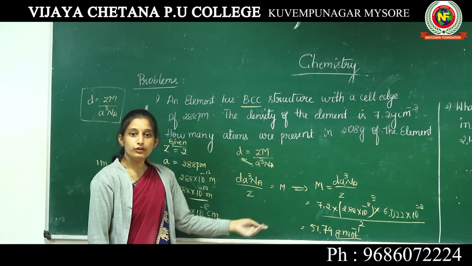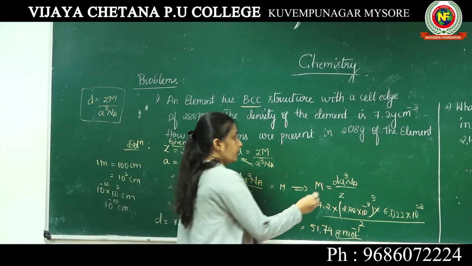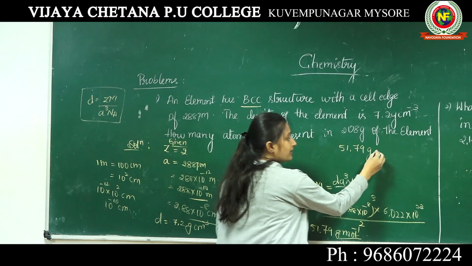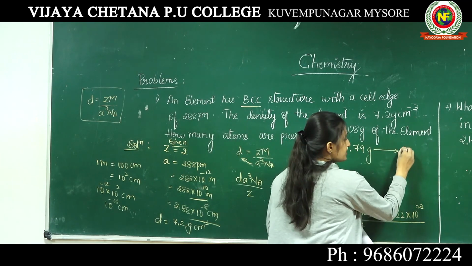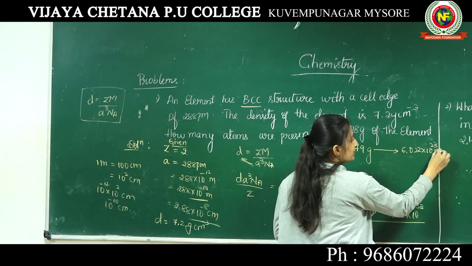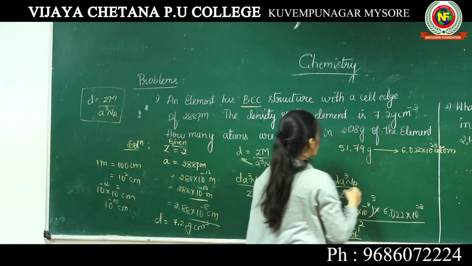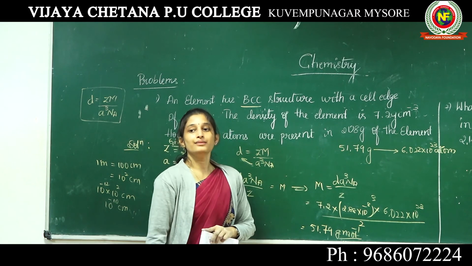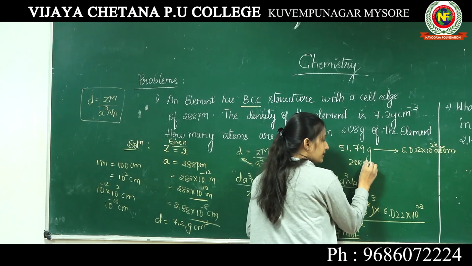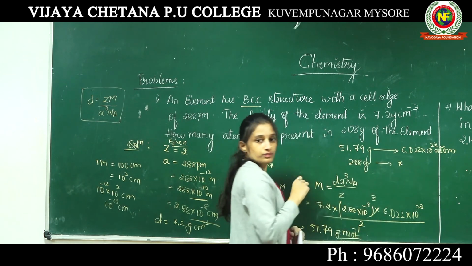See, M value we got means what? 51.79 gram contain 6.022 into 10 to the power 23 atoms. What is in the question? In 208 gram, how many atoms are there? So 208 gram, how much, X, I don't know.